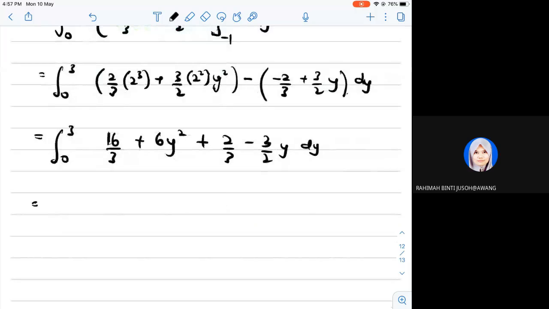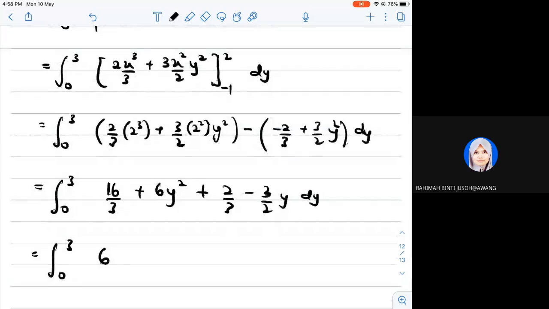So kita akan dapat 16 tambah 2 jadi 18, 18 bahagi 3 jadi 6 kan? Oh ni ada kuasa 2, sorry. So 6 tolak 3/2 y kuasa 2. 6 kali 2, 12, tolak 3 jadi 9/2 y kuasa 2 dy.